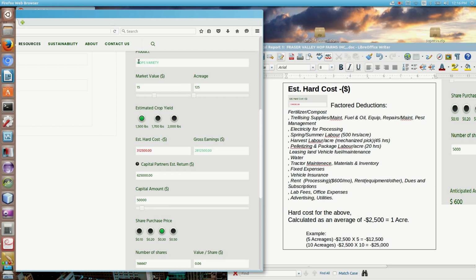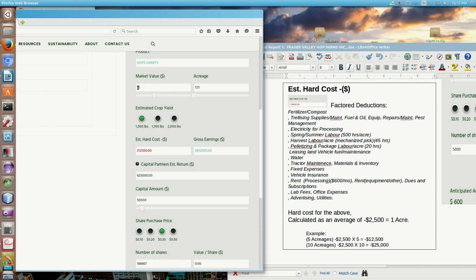So we are selling hops, and we've lumped it into what's called a hops variety. The hops variety covers multiple different types of hops that we're selling. Some sell for more, some sell for less, but right now on average we're looking at $15 per pound. We've seen this go up as high as 20 and 25, but we want to stay conservative with all these numbers because we want to see scenarios.